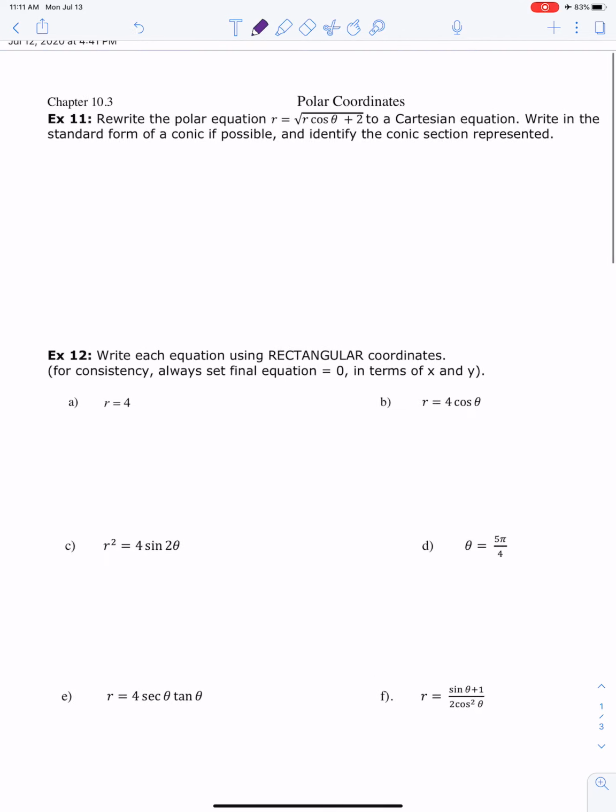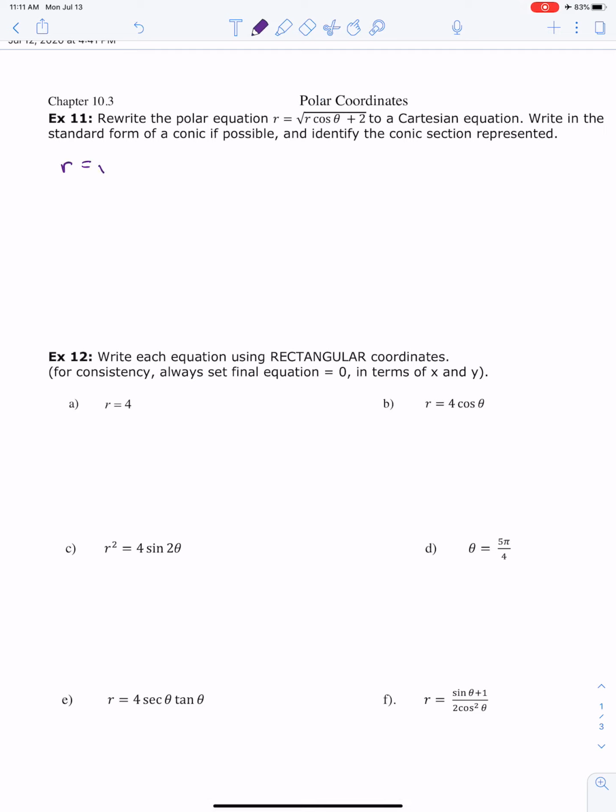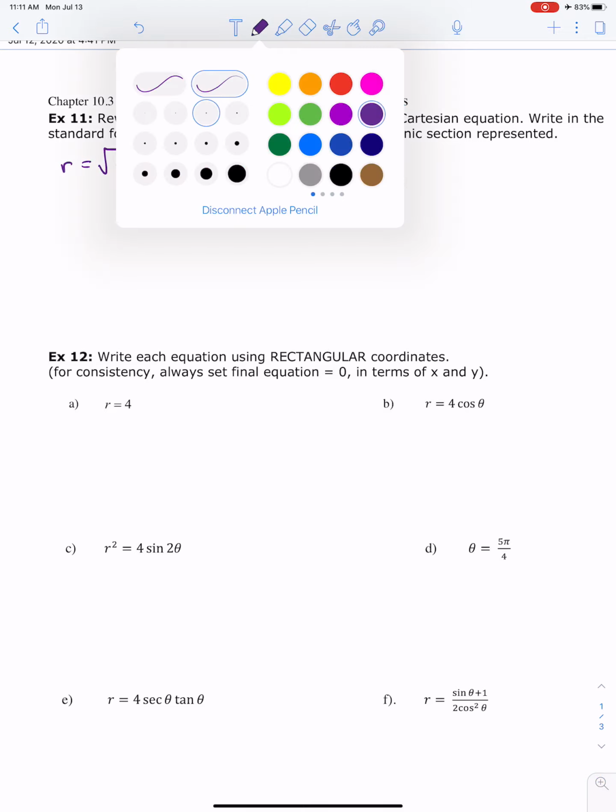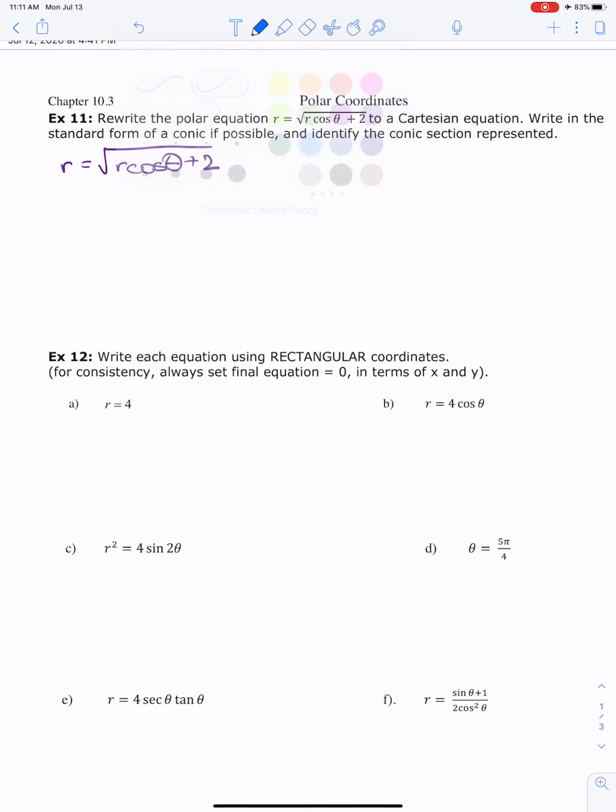Okay, so let's take a look at what we got. I got r equals square root of r cosine theta plus 2. My r cosine theta is an x, but I really don't want to write r as the square root of x squared plus y squared. So I'm going to start by squaring both sides.